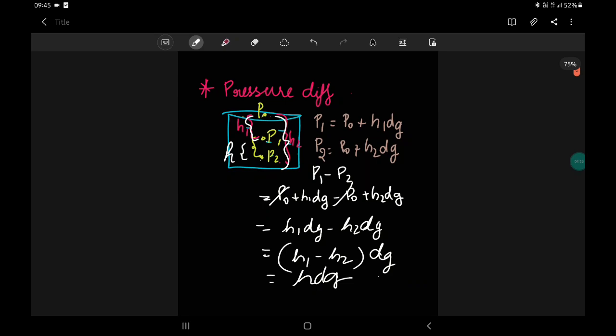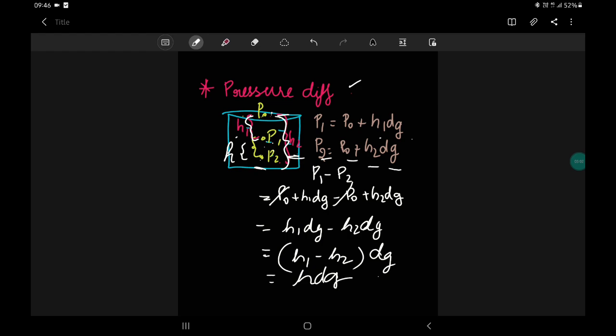I will explain once again how to calculate pressure difference. First of all, mark your 2 points and mark the height difference from the P0 point to each particular point. The difference of height between P1 and P0 is H1, and between P2 and P0 is H2. Then you should say that P1 is equal to P0 plus H1 dg, and P2 is equal to P0 plus H2 dg.